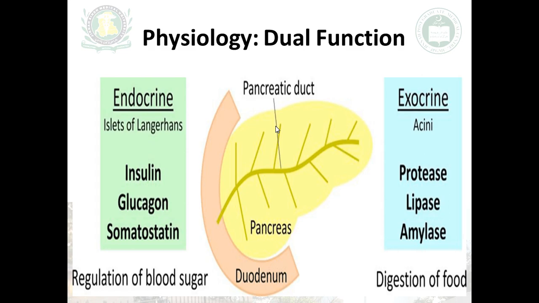While the exocrine part of the pancreas has cells which are called acini, they have different enzymes like protease, lipase, amylase, and they all basically digest the food. So the main issue which causes acute pancreatitis is related to this exocrine pancreas and those cells which are called acini.